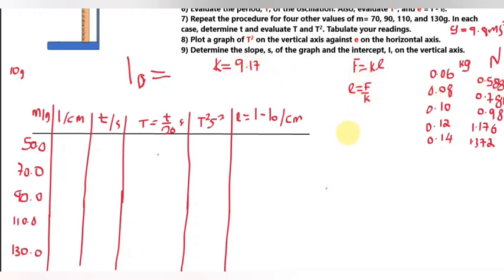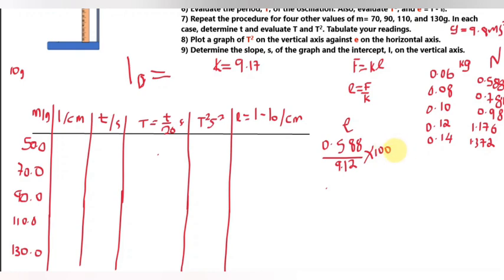So for the first one, E1 is going to be the force, 0.588, divided by 9.17. I'm going to multiply this by 100. Why? Because I want to convert the value of E back to centimeters. So wherever I have it here, I'll just multiply it by 100, so my E will be in centimeters.